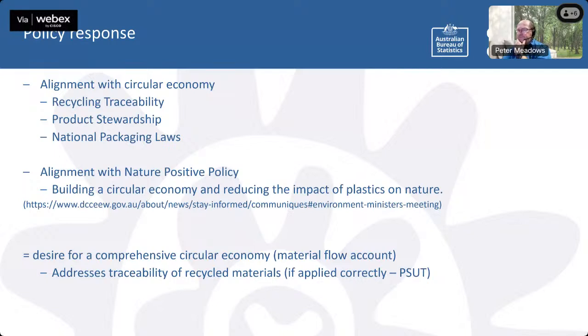There's also a lot of emphasis on critical supply in Australia as well. So it's starting to work with some of those elements of how we measure life cycles and chains through the economy.